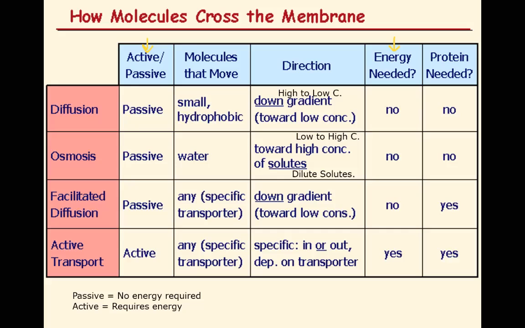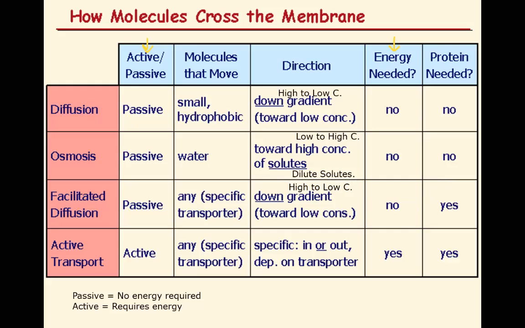Then we get to facilitated diffusion. It is straight up diffusion, so just like diffusion, it's going to go from high to low concentration. And what kind of molecules are these? Well, each type of facilitated diffusion protein is tailored for a specific type of molecule.